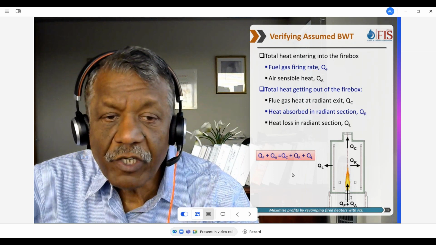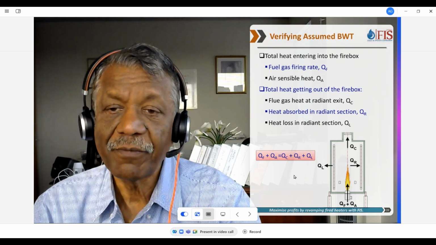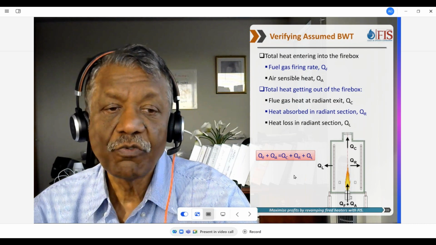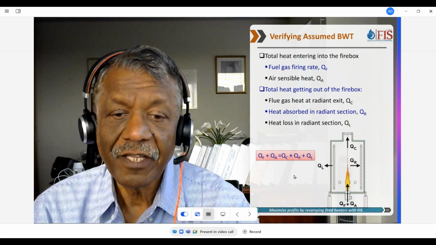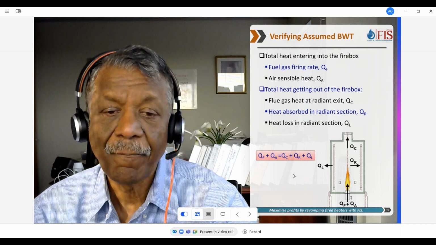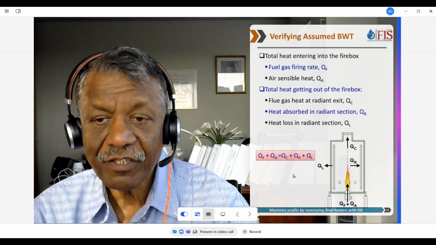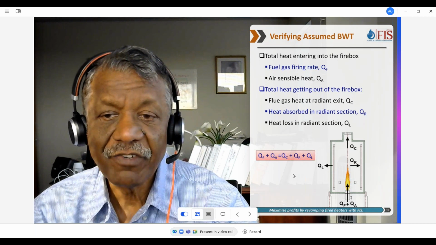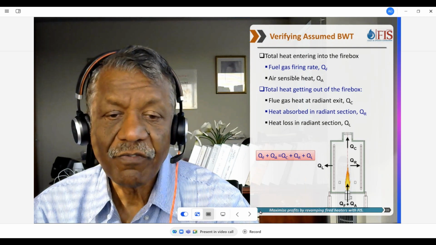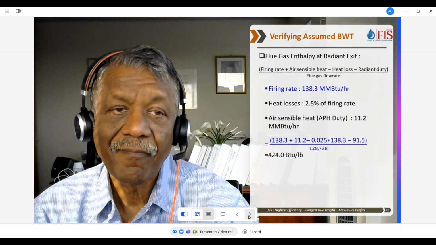In the old times, when computers were not there, if you got within plus minus 20 degrees F, you would say that your assumptions are correct and you would move on to the convection section and stack. In the age of computers, we can match our assumption and what we calculate within 1 degree. So we keep on iterating till we get the exact number.